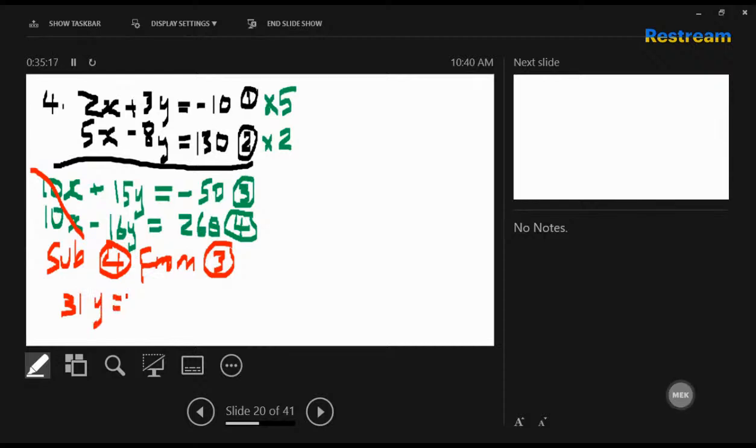And negative 50 minus 260, that gives negative 310.